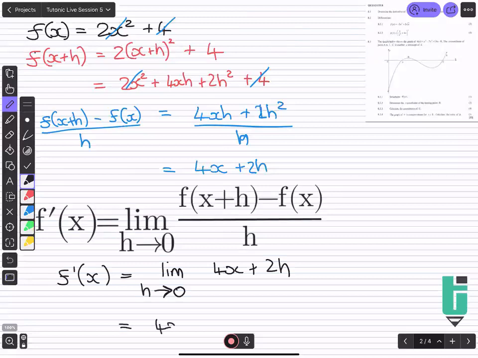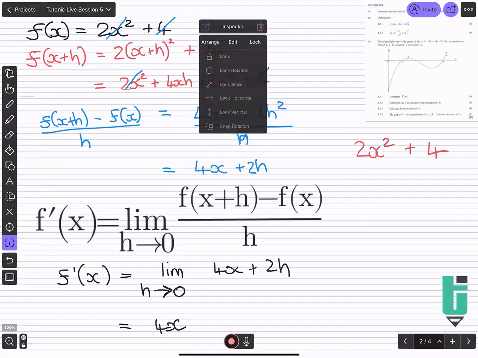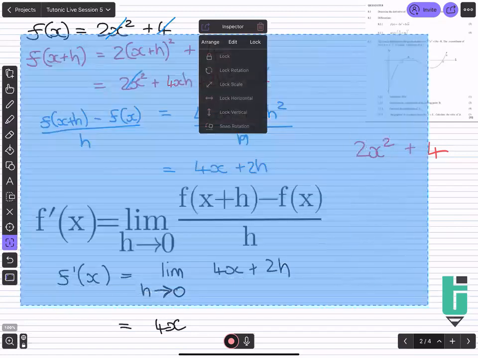Because as h goes to 0, this term goes to 0, which means you're just left with 4x. And this makes sense, right? Because for 2x squared plus 4, if you use the quick rule, it becomes 4x, right?